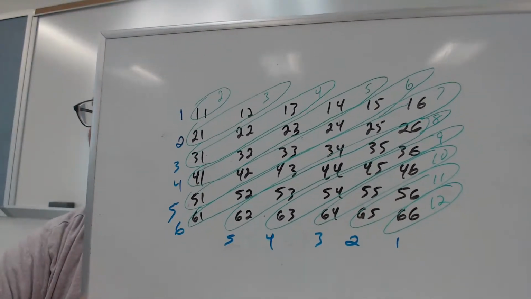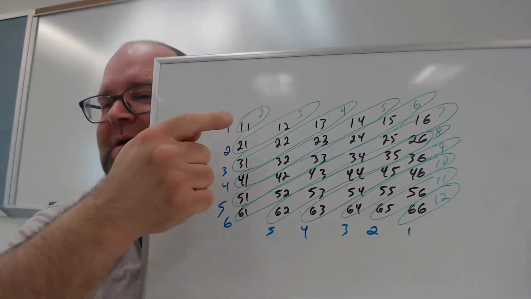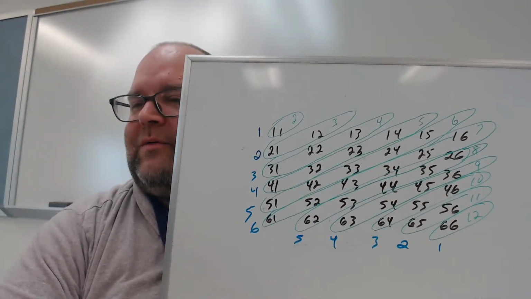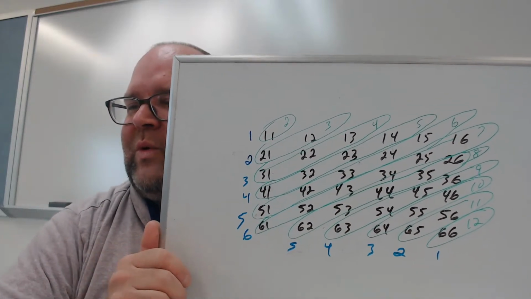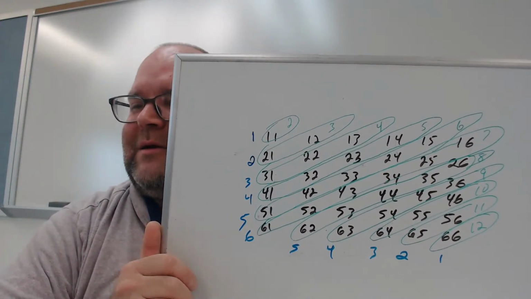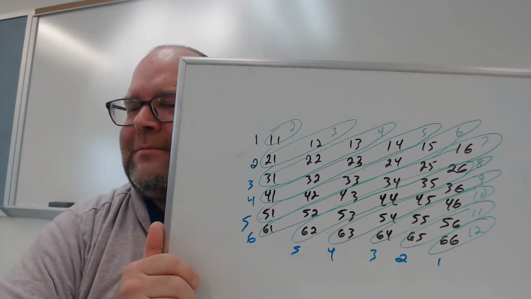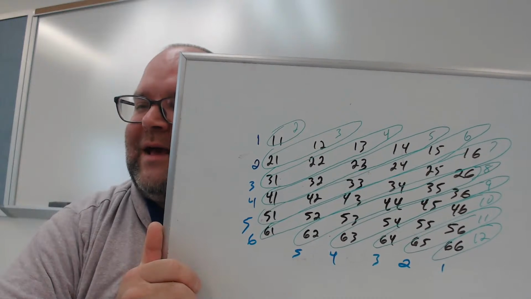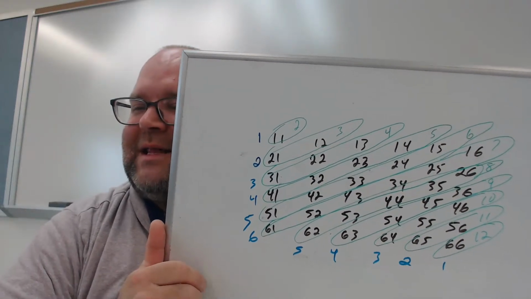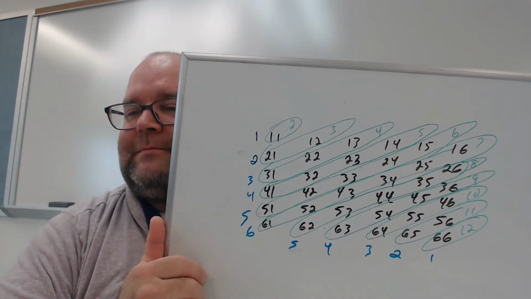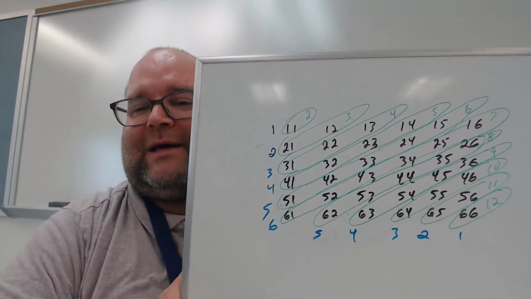So when we have our total number of points, or total number of pips, given to us in green, we range from 2 to 12 as our totals. 2 and 12 can only occur one way each. 3 and 11 can be arrived at two ways. 4 and 10, three ways. 5 and 9 can each occur four ways. 6 and 8 can occur in five ways, and the total of 7 can occur in 6 different ways.